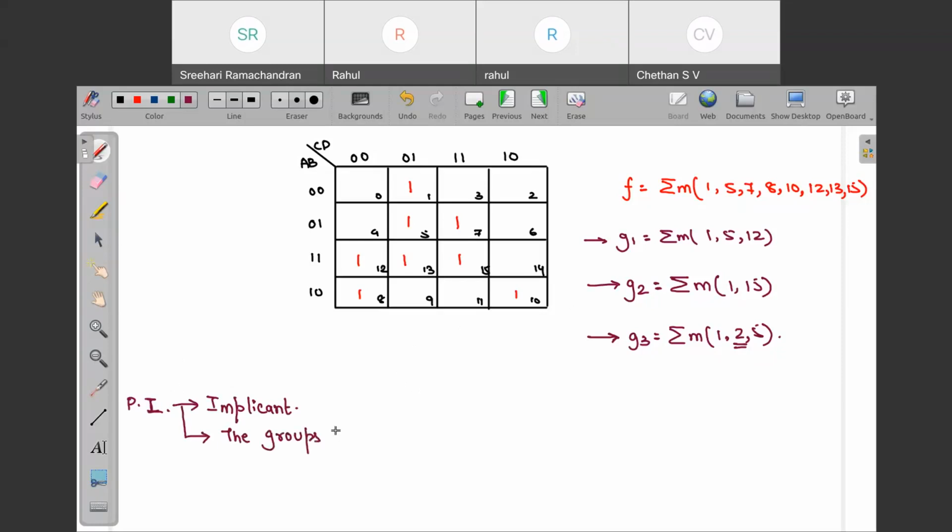You need to find all the groups without requirement. Now, what do I mean by this? All the groups without requirement.